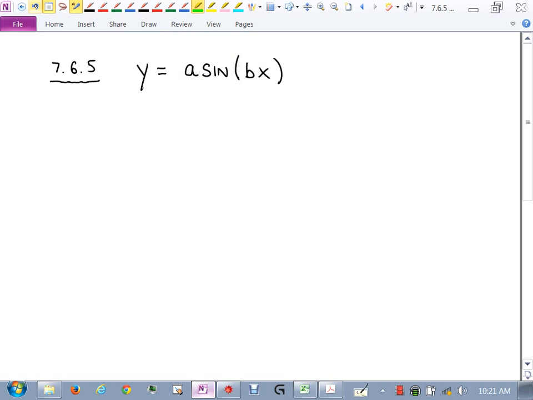The a and the b there? Okay. Well, here I want everyone to realize that the a and the b are just going to be numbers, all right? So they're not new variables. This is like a general picture of what could happen. I put a number in front of sine, I put a number in front of the x. How does that change the graph? Well, the a controls the amplitude.